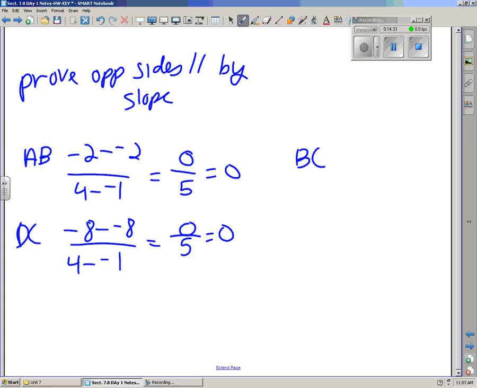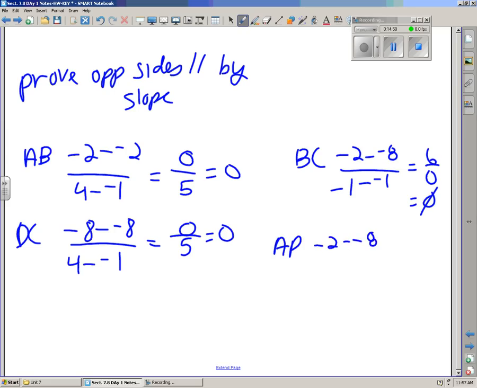BC is going to be negative 2 minus negative 8 over negative 1 minus negative 1, which is going to be 6 over 0, which is undefined. And then I'm going to go for AD, which is negative 2 minus negative 8 over 4 minus 4, 6 over 0, which is also undefined. I'm doing empty set, but maybe we do undefined.